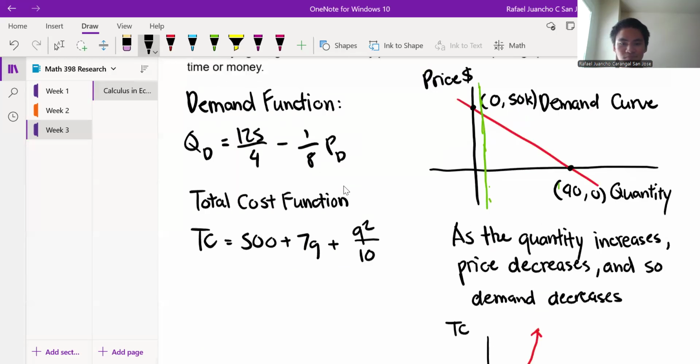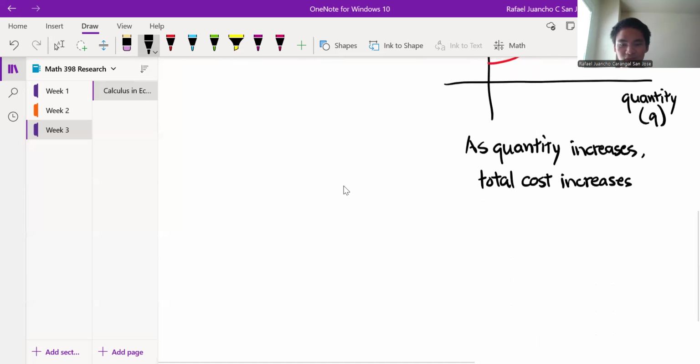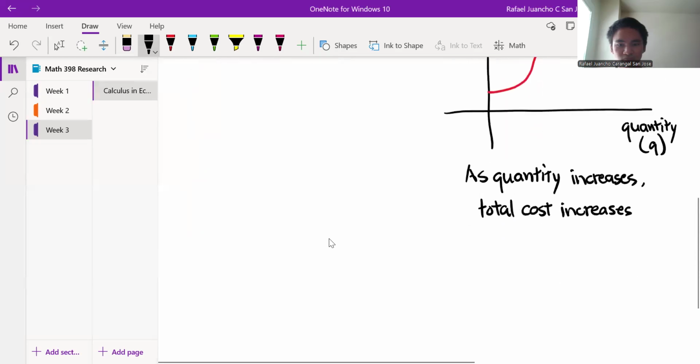Okay. Now, I keep on yapping about econ because I don't know much. So let's actually look at some problems here. Here's the catch.